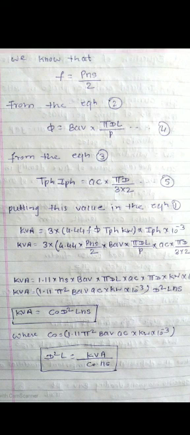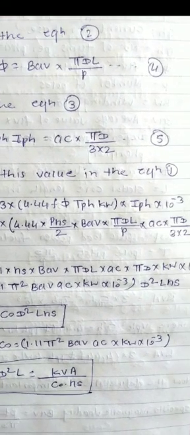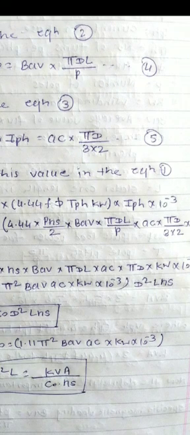So kVA is equal to 1.11, with two values of pi that means pi square, B average AC into kW into 10 raised to minus 3. Again there will be two values of D, so make it D square L NS.